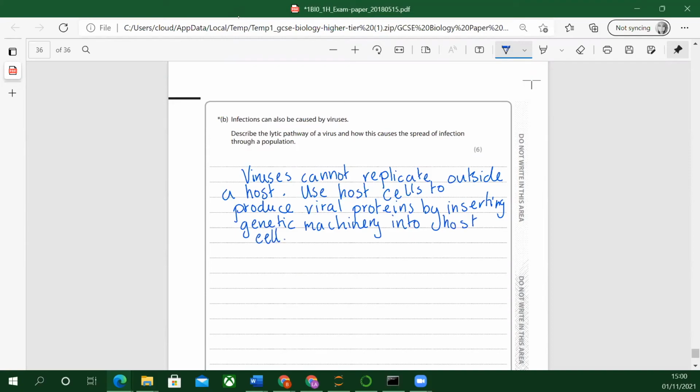Okay, and then the viral proteins assemble, they put themselves together into viral particles.